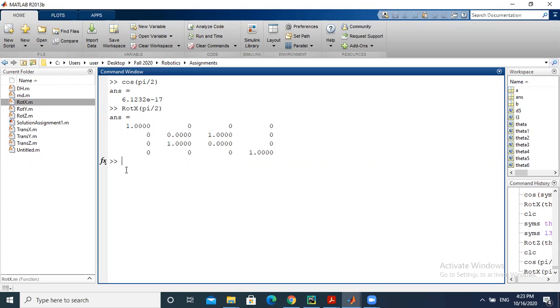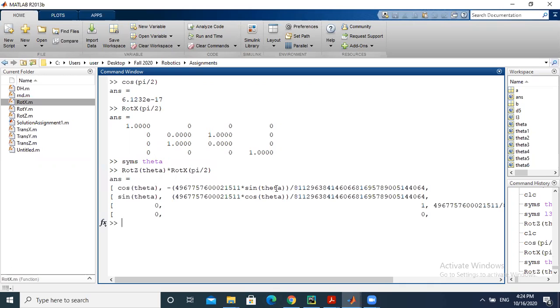Remember, we had a problem if I had a symbolic variable theta, and I do rotation about z by theta, and then rotation about x by pi over 2. There is an issue here because the pi is being evaluated as a floating point number, and this number will get multiplied inside this and will give us a mess. Why? Because of this guy.